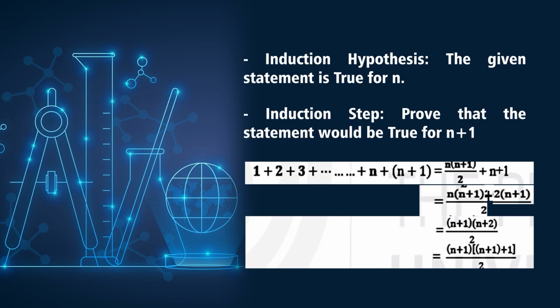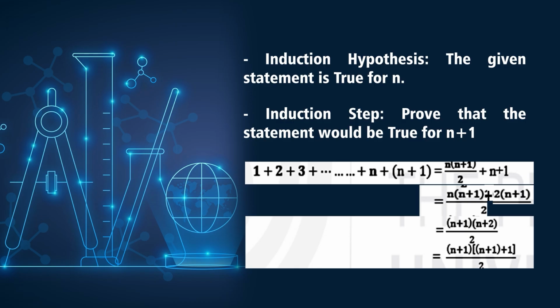It is 1 plus 2 plus 3 plus and so on till n, that was already there, and we add the n plus 1th term, which is n plus 1, and the sum of n terms was n into n plus 1 by 2. So, it is equal to n into n plus 1 by 2 plus n plus 1, which we have added. So, that is how it should be, it can be proven.